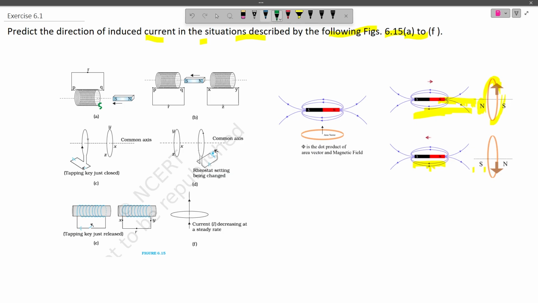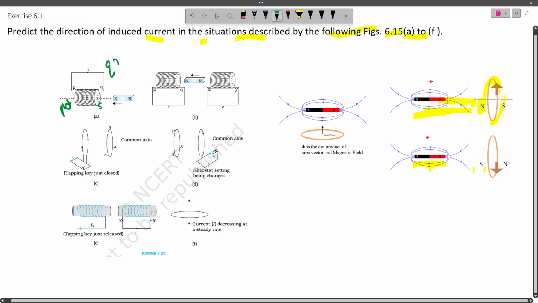In order to create a south pole over here, a north pole must be created over here. Applying the right hand thumb rule, to create a north pole on the left side, the current must flow in the anti-clockwise direction, that is QRP. So the direction of current is QRP and Q again.